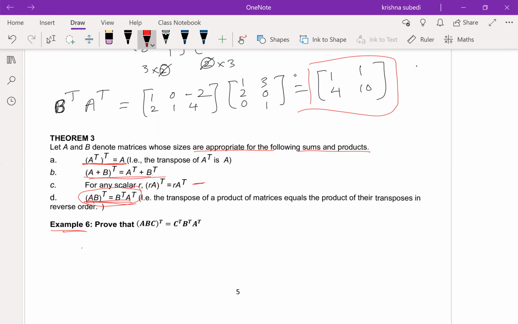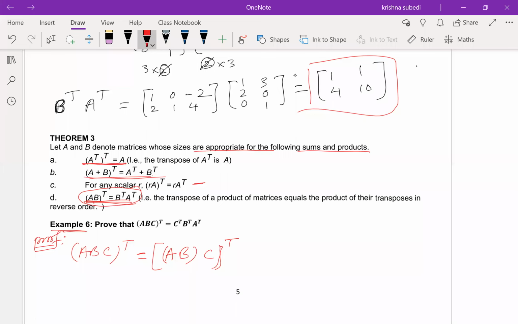You can start with ABC transpose. So you can write this as ABC transpose.